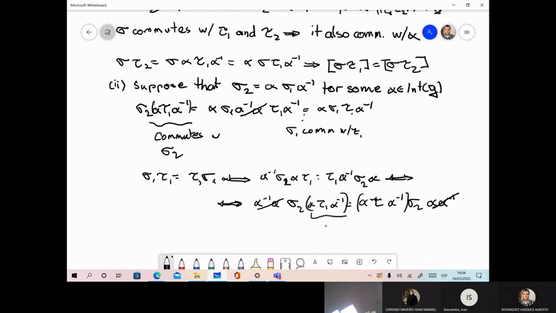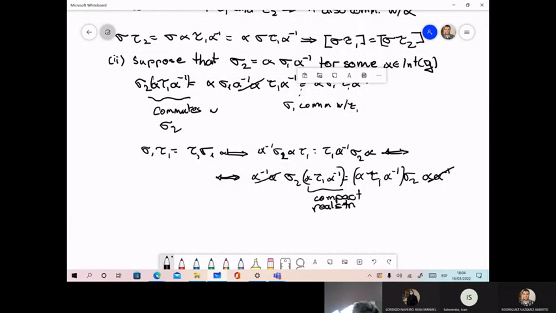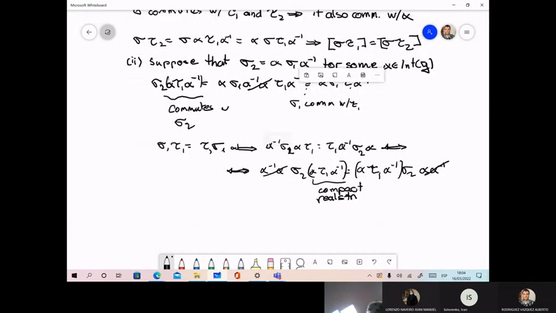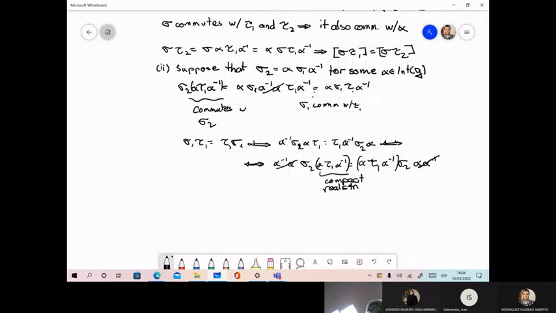And this is a compact real structure, because tau 1 was a compact real structure, and conjugates of compact real structures are compact real structures. Right, so our map does not depend on the choice of tau, does not depend on the choice of sigma, so it's well defined.